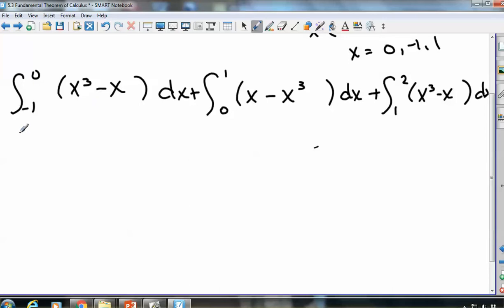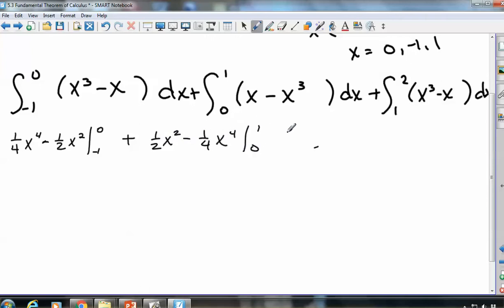So antiderivative of x cubed, from -1 to 0. Okay. Then this is just going to flip, so it'll be 1/2 x squared minus 1/4 x to the 4th from 0 to 1.